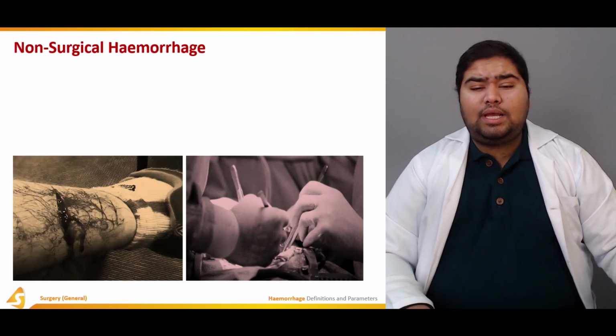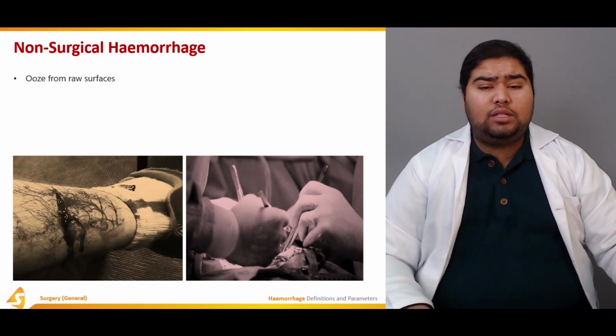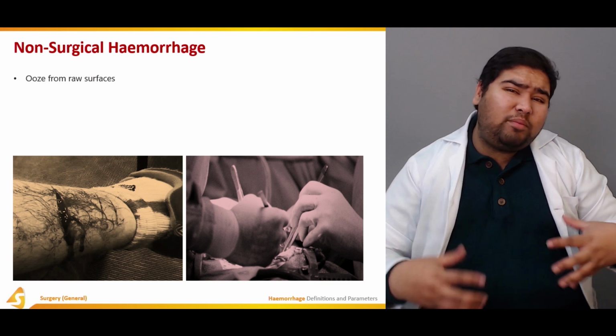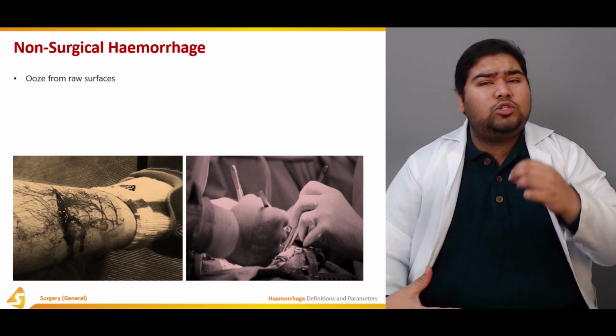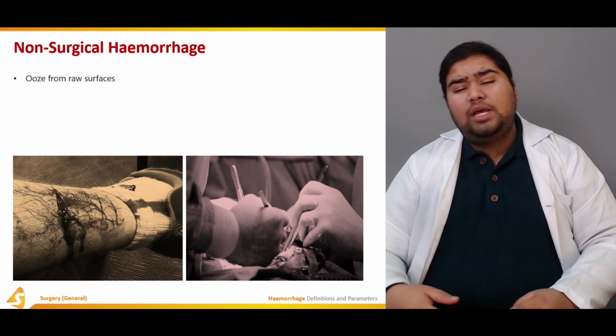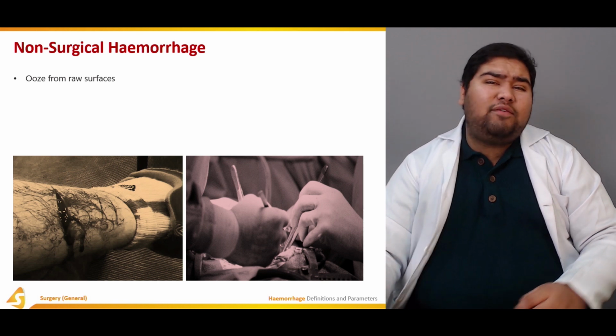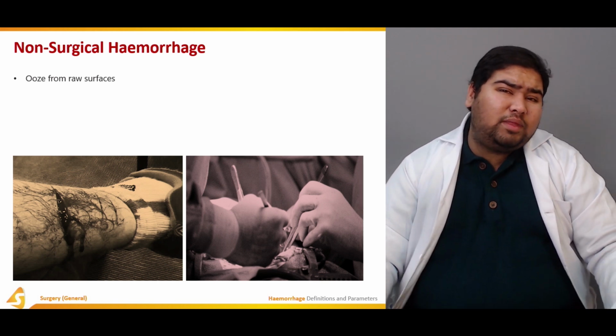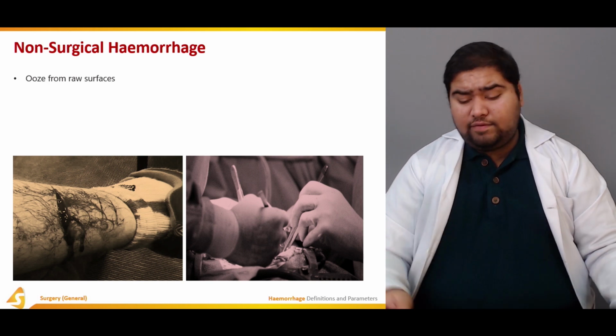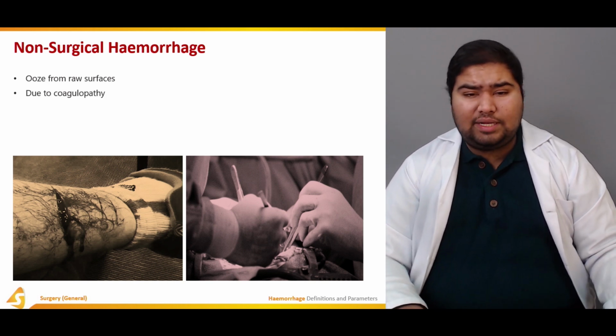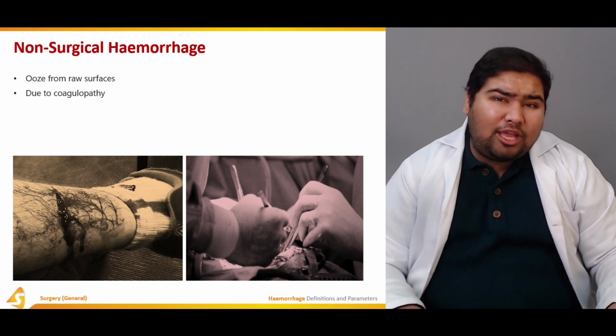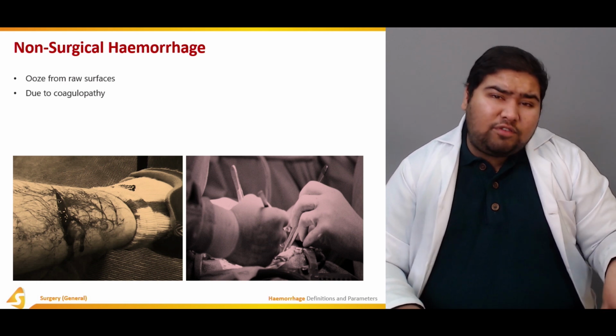Now the non-surgical hemorrhages, so the blood is oozing from a raw surface. In a non-surgical hemorrhage, there's no pinpoint area from where the blood is coming. The blood is oozing from raw surfaces that have been damaged or crusting. It is due to coagulopathy. So there's consumptive coagulopathy.